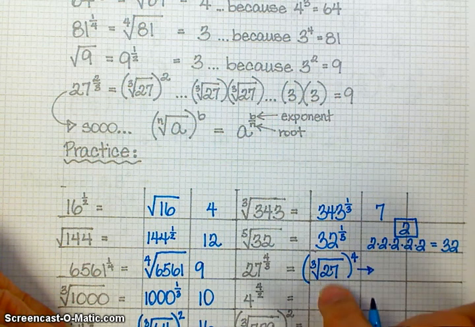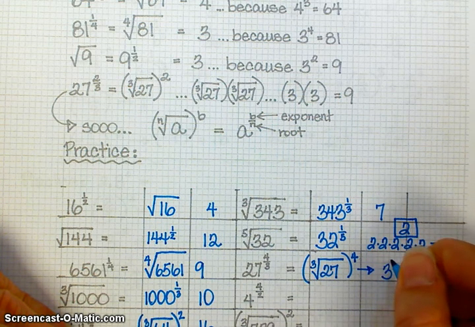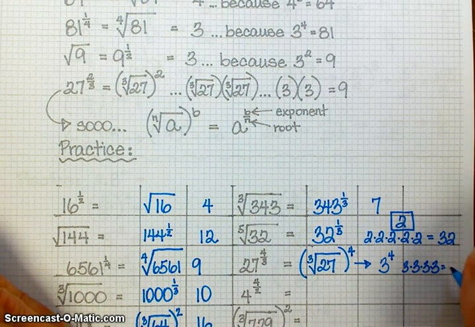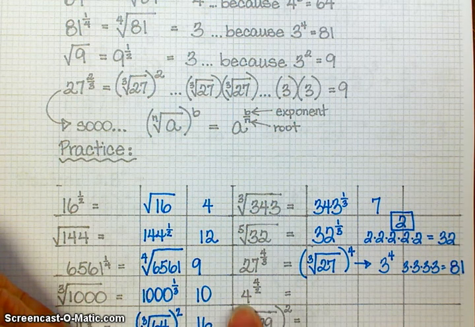So 3 raised to the 4th power basically means 3 times 3 times 3 times 3, which is 81. There's my final answer.